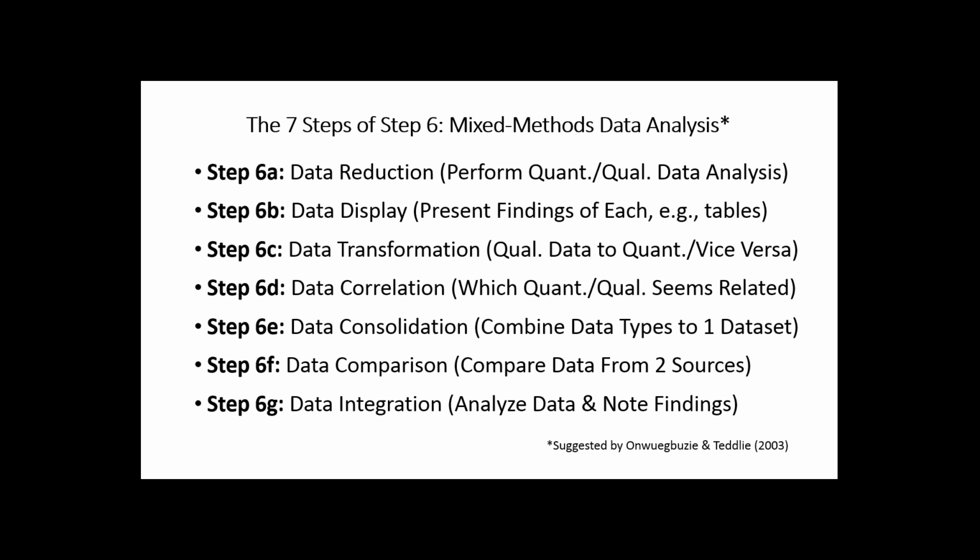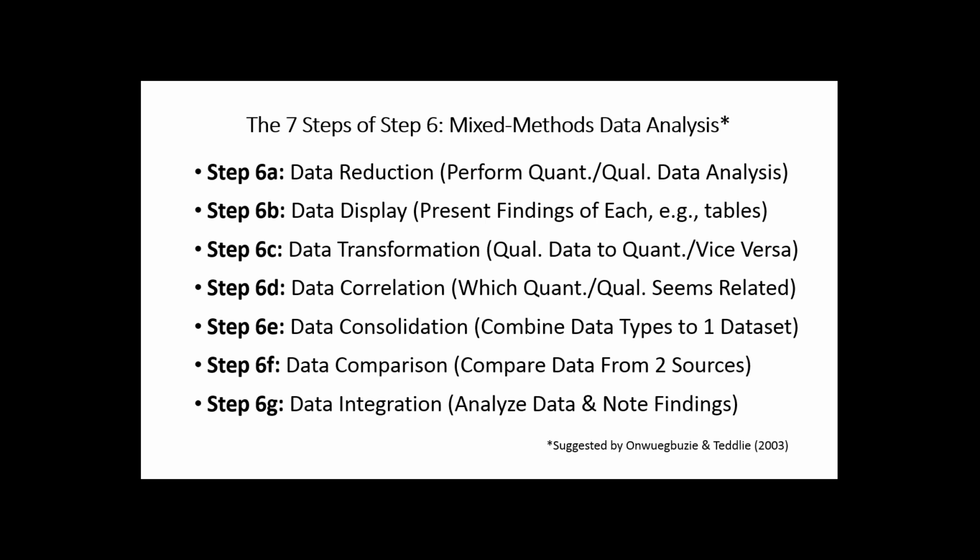The first one being data reduction, that's the analysis of the quantitative and qualitative. We did that already. And then 6B, data display, is putting those findings in tables for us to look at. We did that already. Then 6C is data transformation, where we either take our qualitative data and make it quantitative, or vice versa.